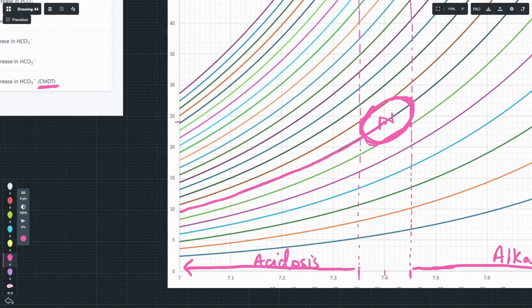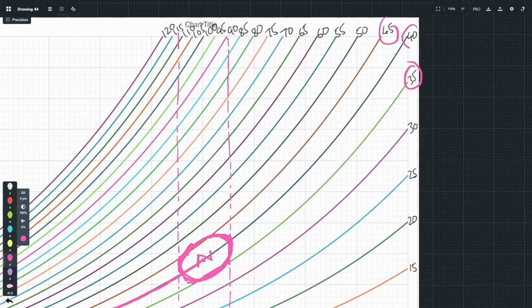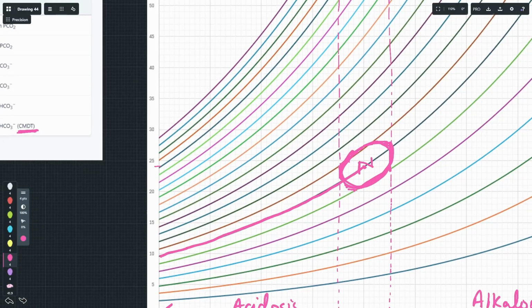Actually what will be happening is that along with this, here we are assuming that PCO2 is constant at 40. It is not constant normally for metabolic acidosis. Our body would try to compensate. And how would our body try to compensate? If bicarbonate level is decreasing, it means alkali reserve is decreasing, it means acidosis is going on.